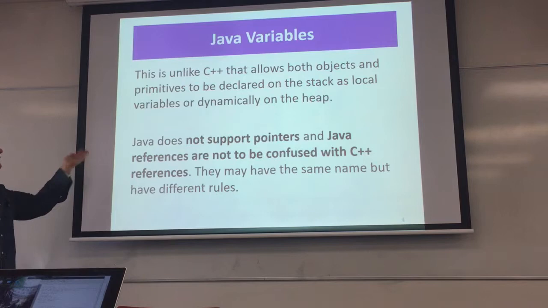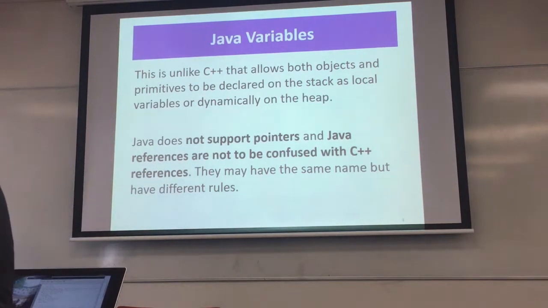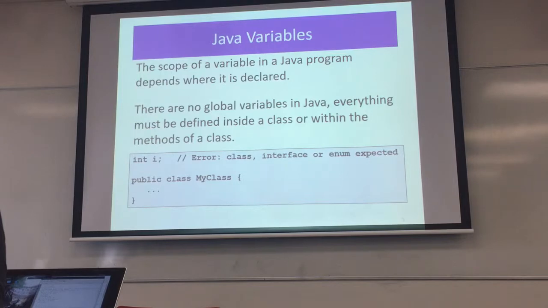And we will see that Java references are not identical to C++ references. It's a little bit confusing because we use this name, reference, and some other terms in two different, sometimes more than two different, ways.